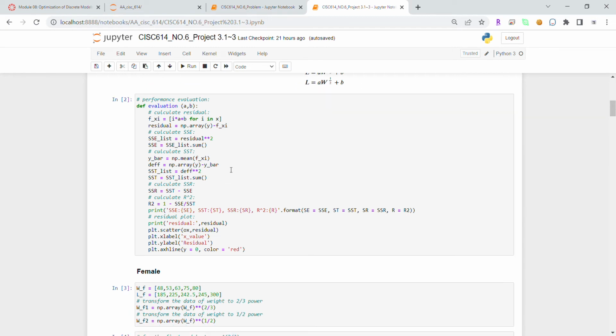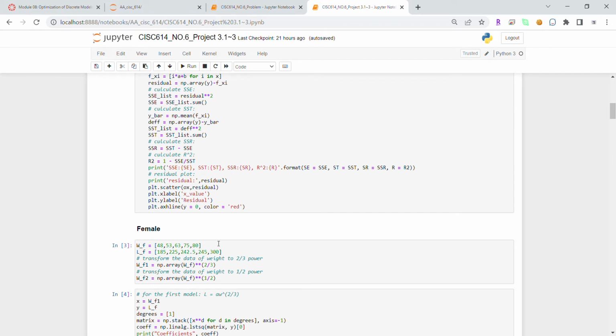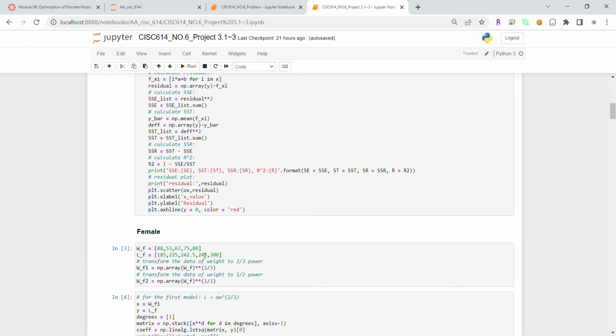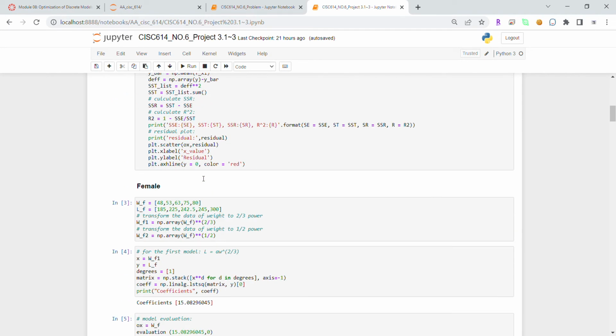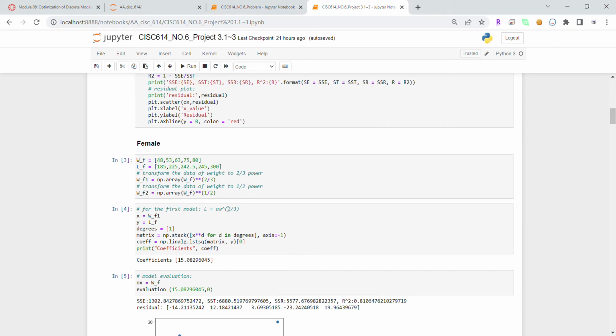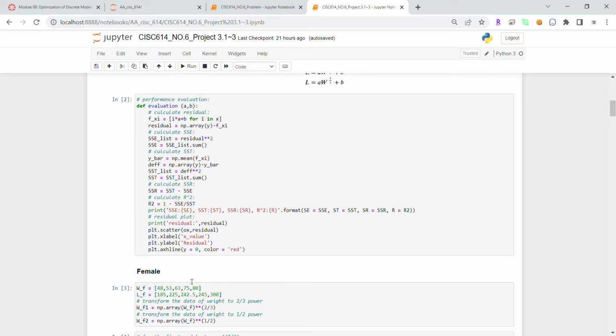So for the female group, here is the data of the female group. And first, I'm going to transform the data for the first and the second model. And then for the first model, I used the NumPy linear regression least squares function to calculate the coefficient A, which is 15, and then call the model evaluation function we created before.